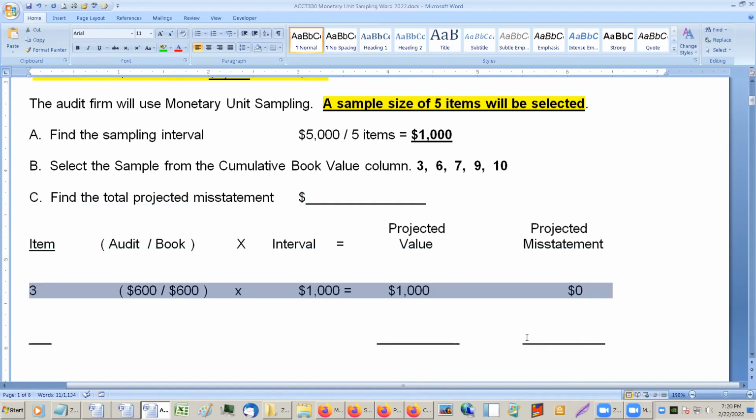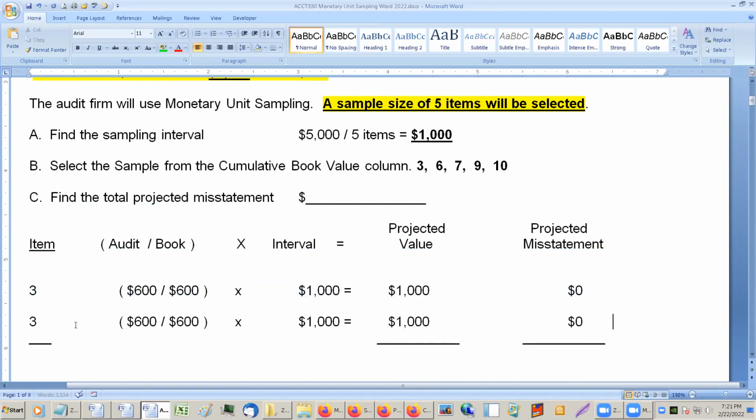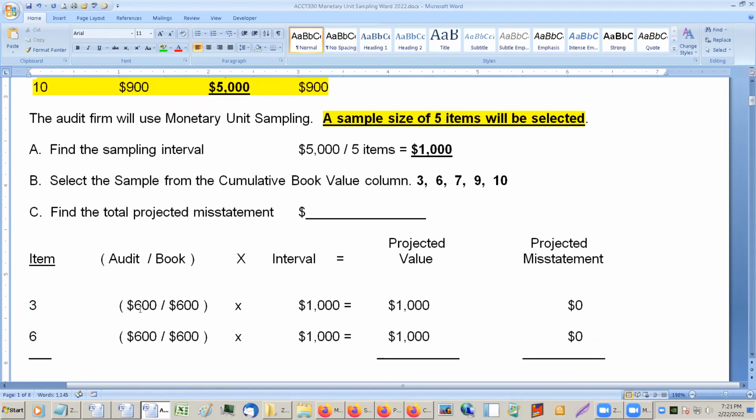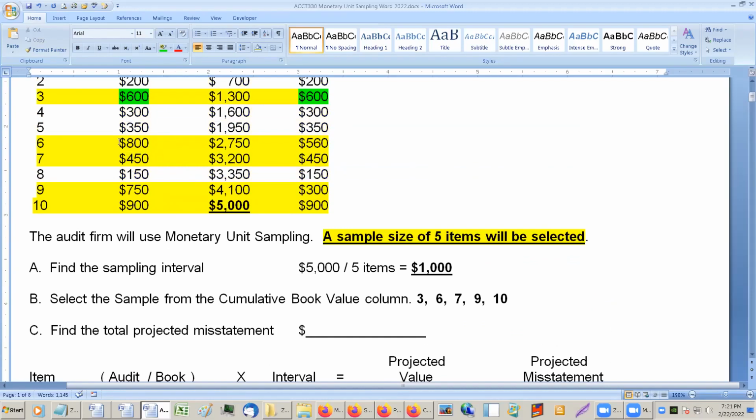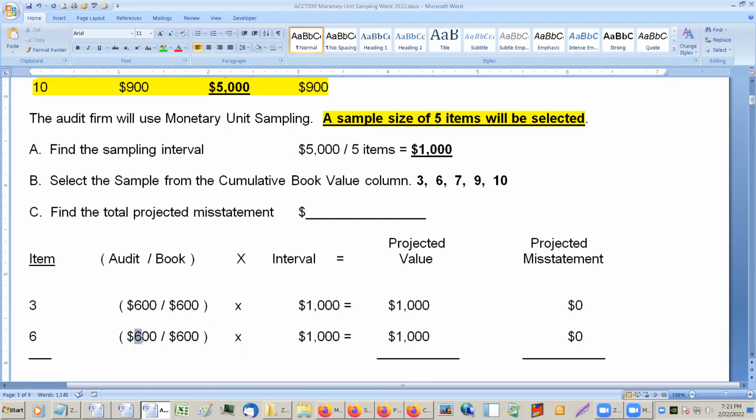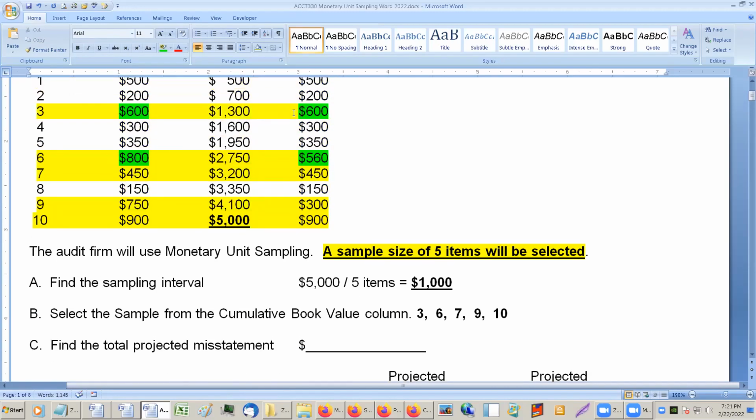I'm going to teach you guys how to be lazy. Important skill. So going to item 6. The audit value is 560. The book value is 800. So this is 560. We should color code these better.